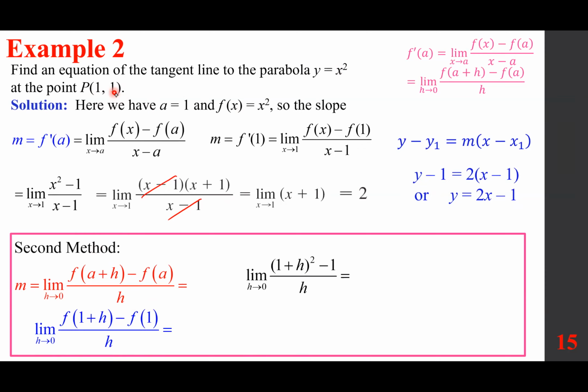Either way is fine. And squaring this gives you 1 plus 2 times the first times the last, 2h, plus h squared. 1 and negative 1 cancel each other. We factor the h out. It drops.